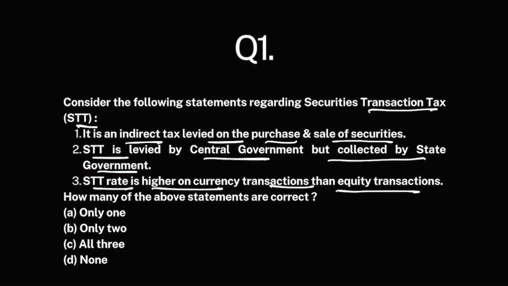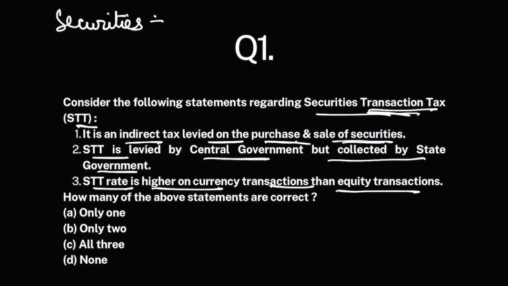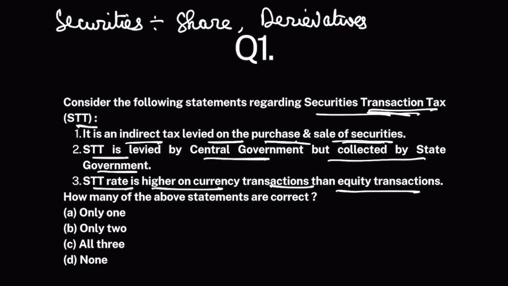Okay, so listen. Security transaction tax is basically a tax on purchase and sale, a transaction of securities. Now, what is included in securities? It includes share market, derivatives, mutual funds.